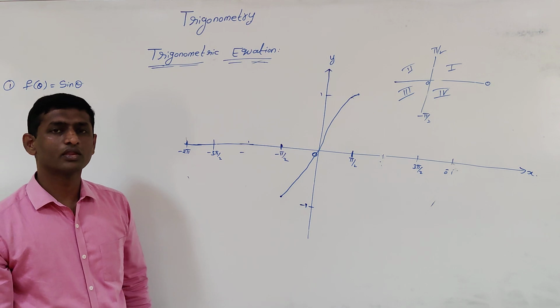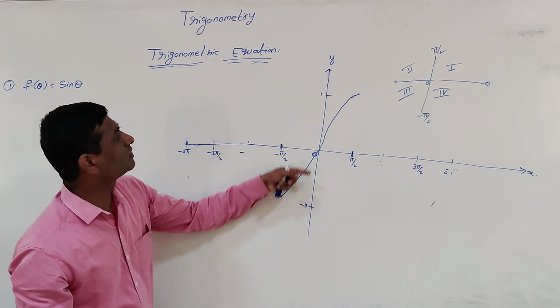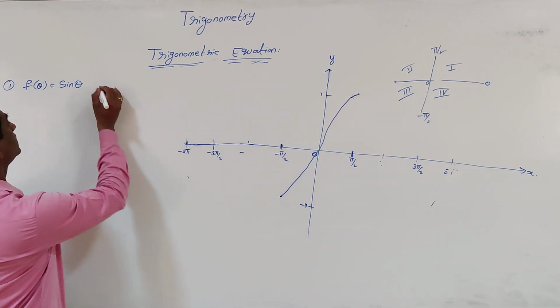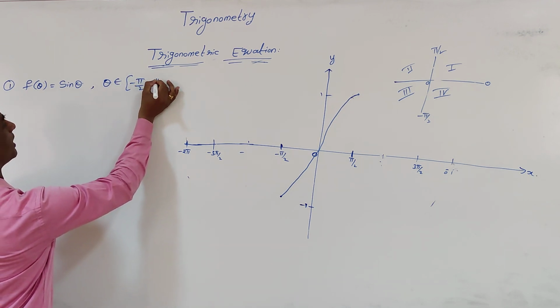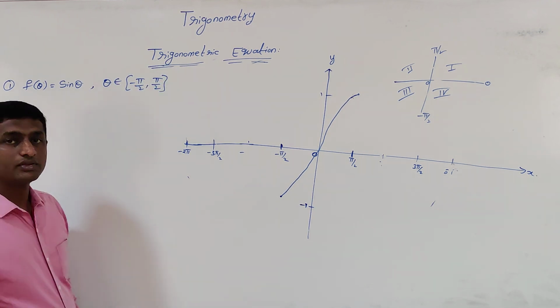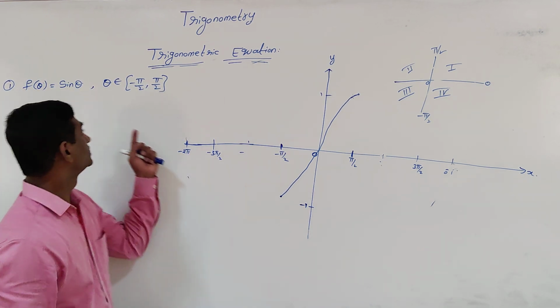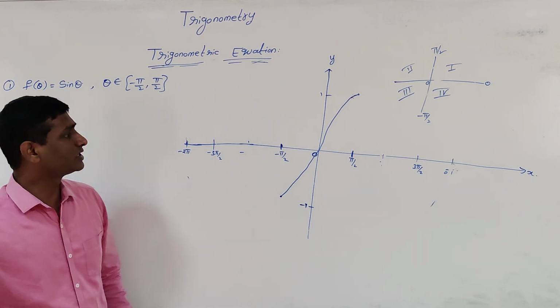Now, for every value that lies between -1 and +1, we have a unique element. If theta belongs to the closed interval minus pi by 2 comma pi by 2, then we can have a unique solution satisfying sin theta is equal to some k.